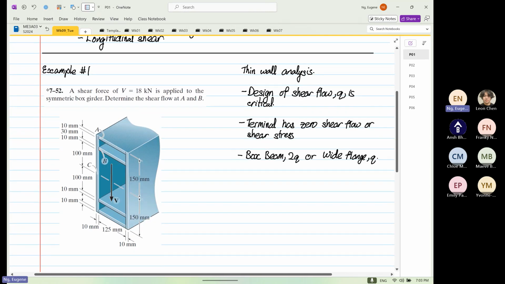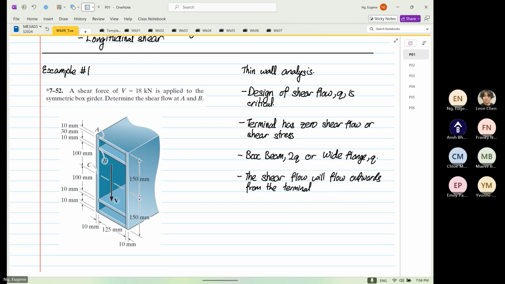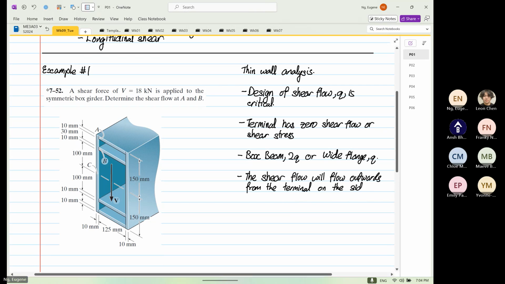And then the next thing that we learn is the shear flow will flow outwards from the terminal, above or on the side of the shear force relative to the geometric centroid.